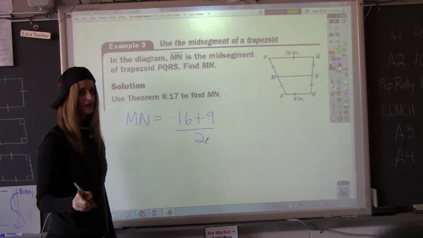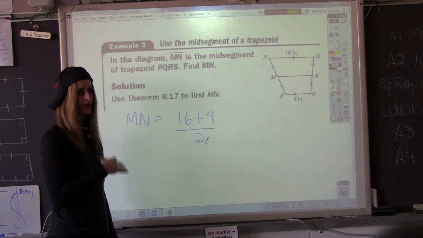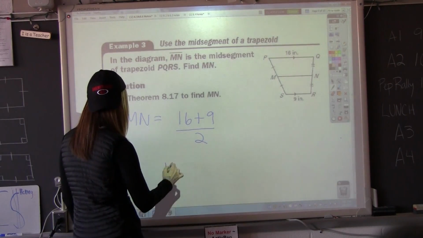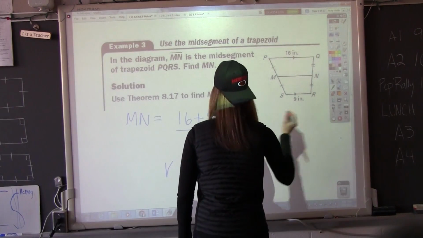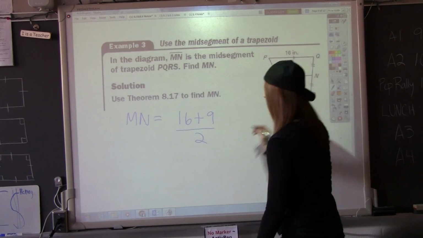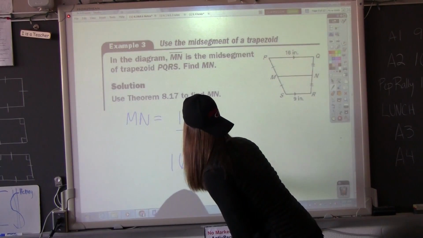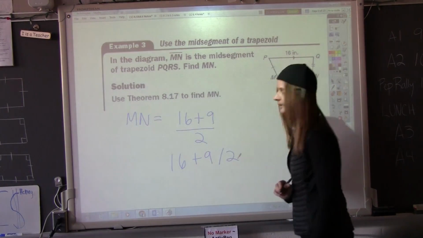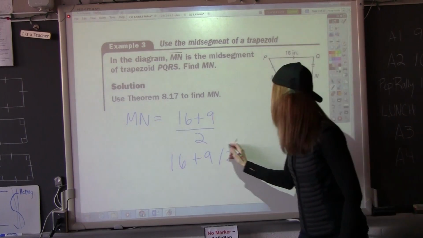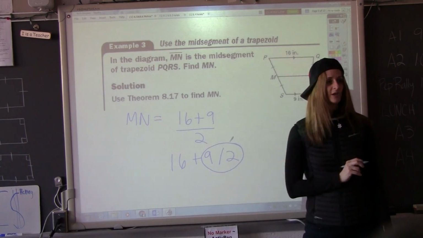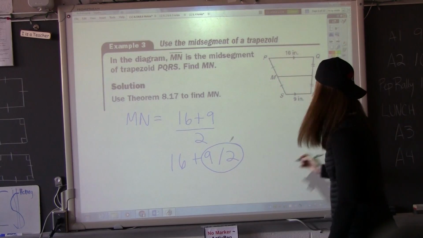You do have to be careful with how you put this in your calculator. If you put it in like this, your calculator is going to do the division first because it knows the order of operations. That's not what you mean.